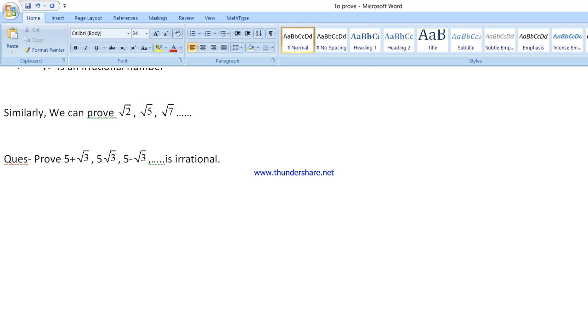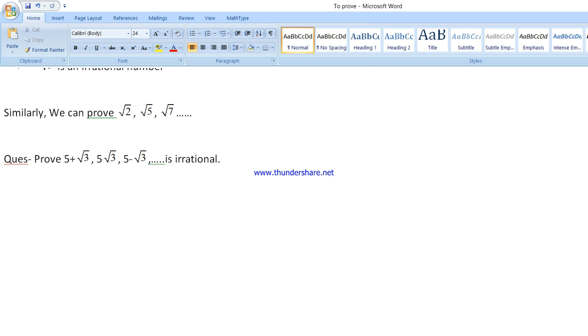But if it is a 3 or 4 marker question and you have to prove the same question 5 plus root 3 or 5 root 3 to be irrational, then in that case you will prove root 3 to be irrational first, the way we had done earlier in the starting of the video, and then you will say that root 3 is irrational and 5 is rational, so the sum of a rational and an irrational is an irrational number.